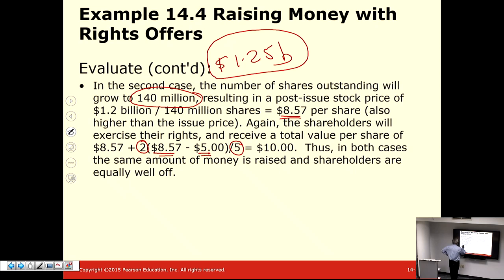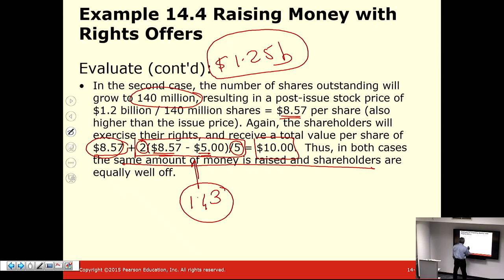So that part would be $1.43. So that $1.43 plus the $8.57 gives you $10. In both cases, the same amount of money is raised and the shareholders are equally well off. So they would be indifferent between the two choices.